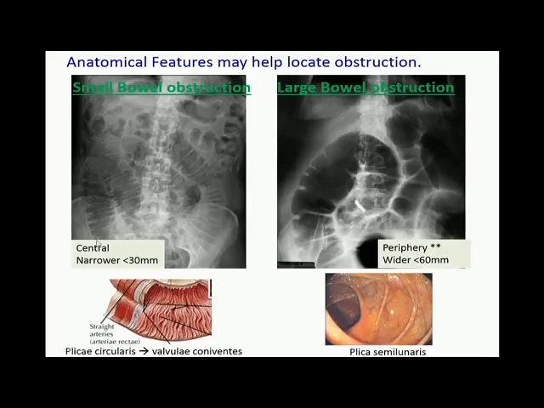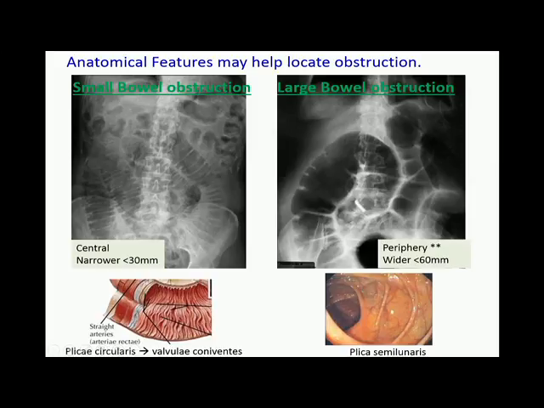And the small intestine has this feature, the plicae circularis, the circular mucosal folds right around the circumference. You will see these white lines going right around, appearing across the entire width.